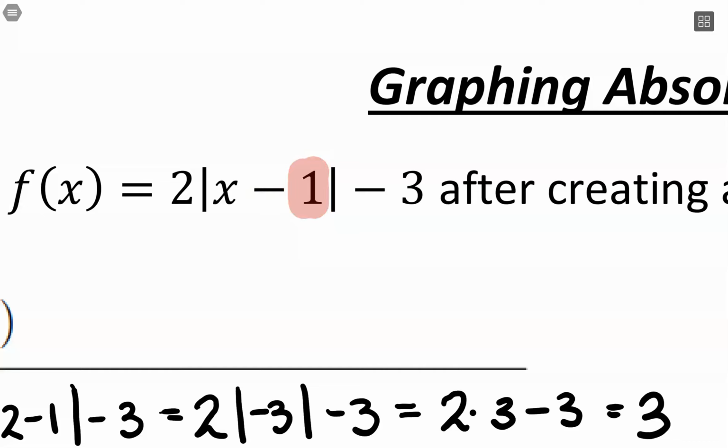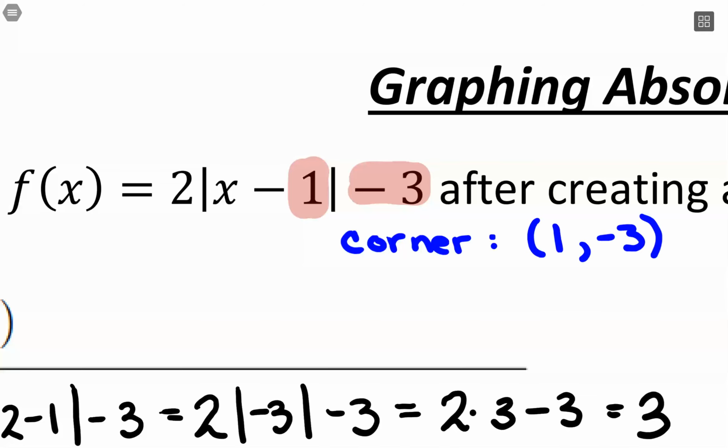And then for the y coordinate, you just copy down what's outside. So there's our positive 1, -3. So knowing my absolute value functions, in this original form, I could automatically see where my corner is, and it would be 1, -3.